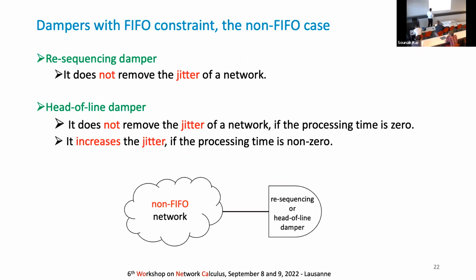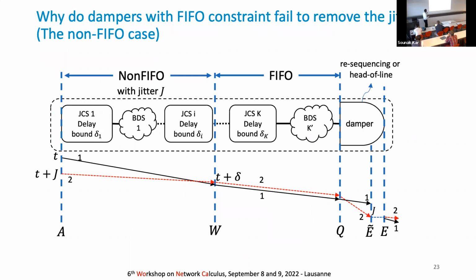So let's make sense of it with an example. Assume that we have this non-FIFO part in the network, and it has a known jitter, and assume that the first packet experiences the worst case delay and the second experiences the best case delay. So there is a reordering that happens just at the exit of this non-FIFO network, and then the rest is FIFO. It enters the damper. What the damper sees is that the second packet is before the first packet.